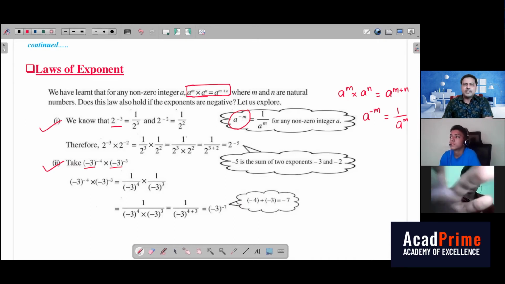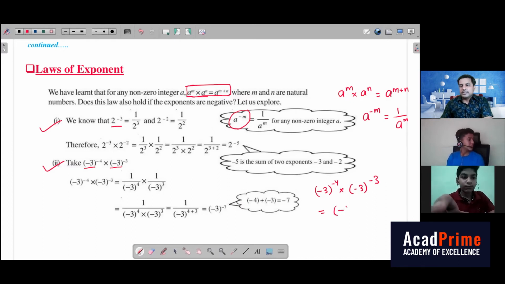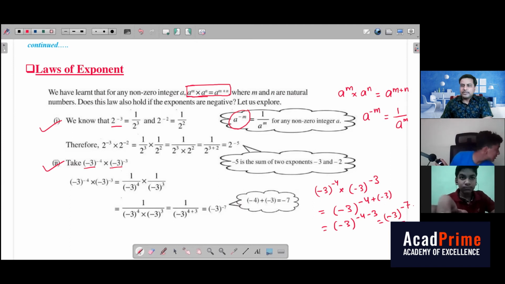Here the base is minus 3 in both cases, and this is multiplication. We write minus 3, and its powers get added together. We get minus 3 raised to the power minus 4 minus 3, which equals minus 3 raised to the power minus 7. Is it fine? Yes, sir.